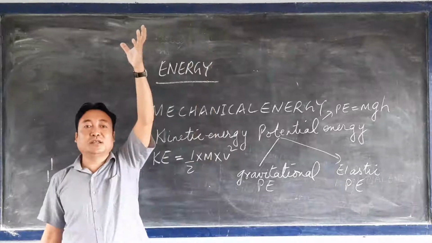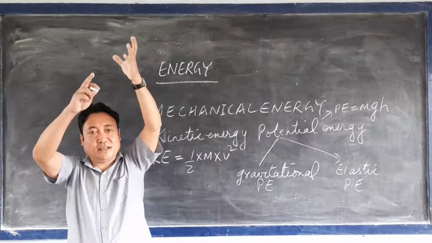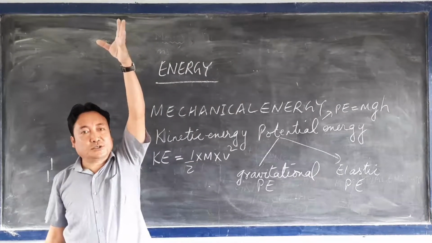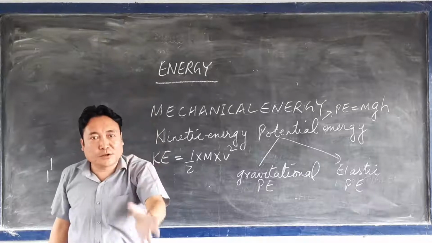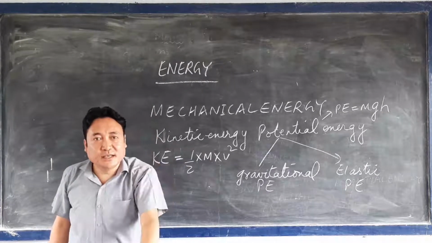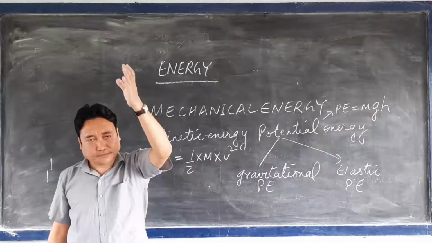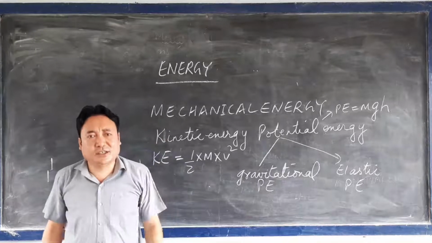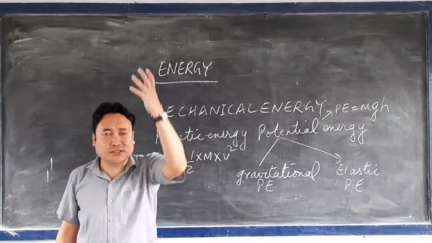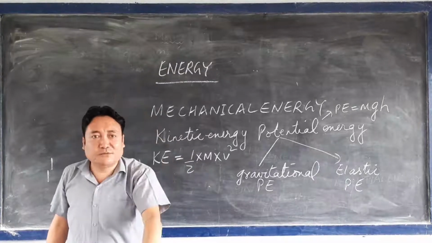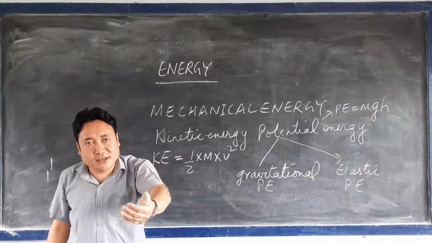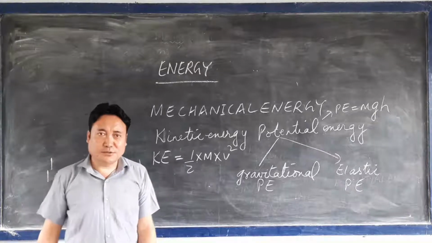Since the stone is raised to a height against gravity, when you allow it to fall, the stone will fall to the ground with an increasing velocity, which we call acceleration due to gravity.